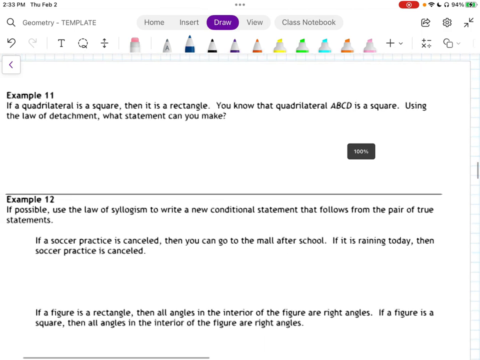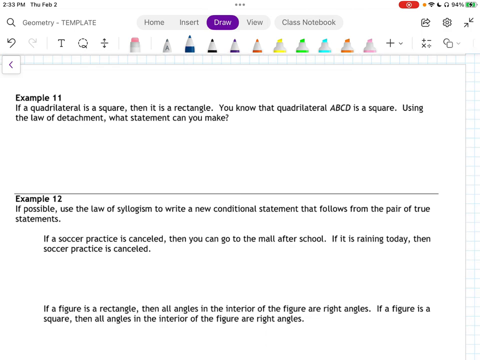All right, number 11. If a quadrilateral is a square, then it is a rectangle. You know that quadrilateral ABCD is a square. Using the law of detachment, what statements can you make? Well, law of detachment just means you can kind of plug in to a statement. So we have this conditional statement here. It's an if-then. We have the if. It is a square.